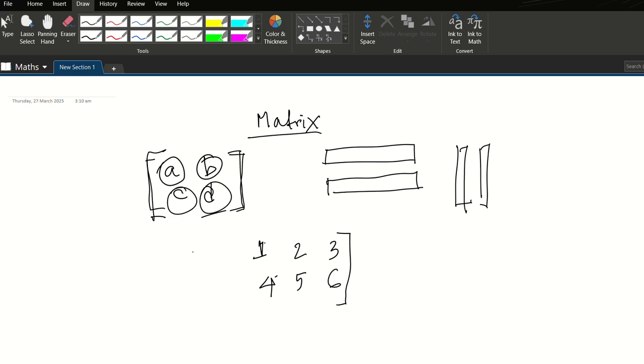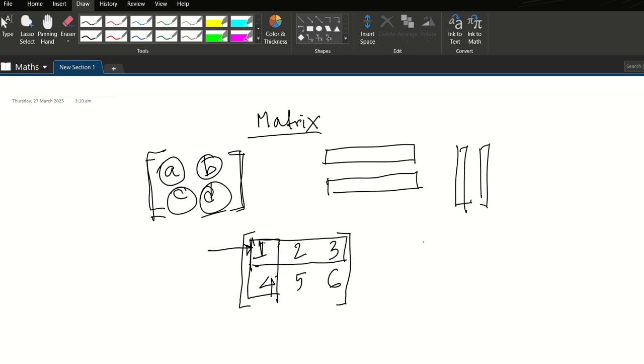After we put this in a bracket, we call this a matrix. This horizontal line, or the elements in this horizontal line, are called a row altogether, and this line is called a column.